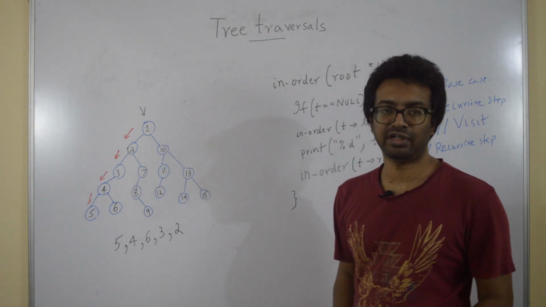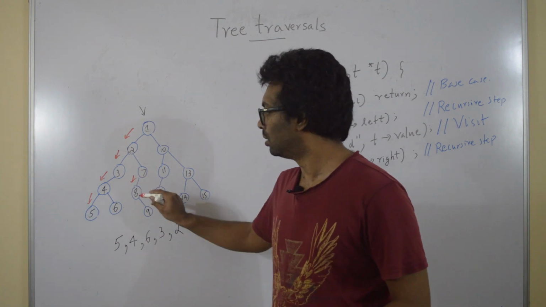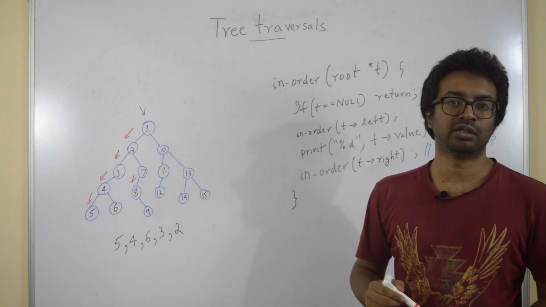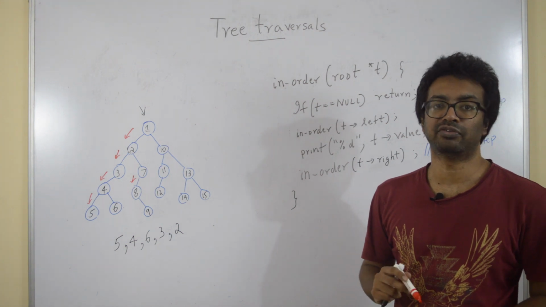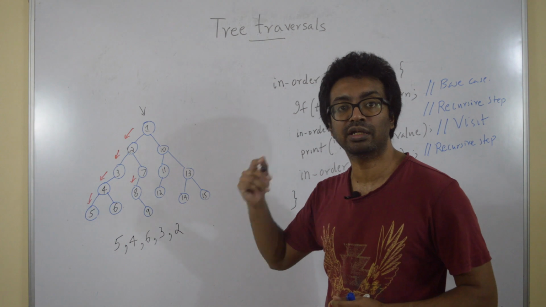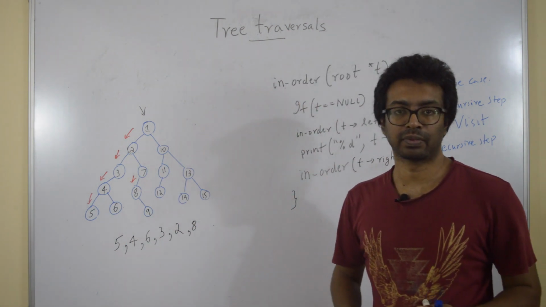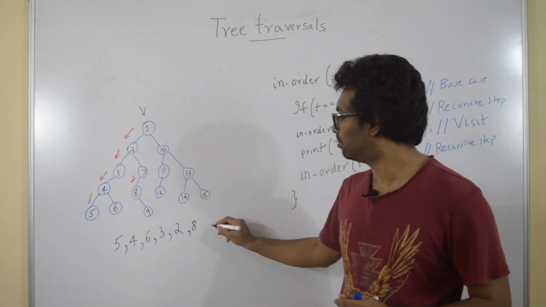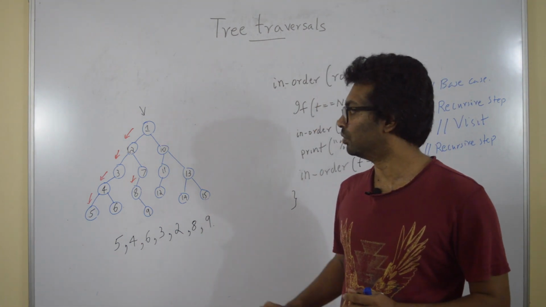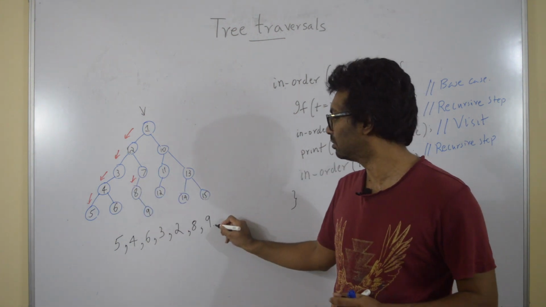So you come to 7, you go left. You come to 8, you go left, but there's nothing in the left, it's null. So you come back and before you turn right, you print 8. Then you turn right and print 9. You finished the entire left subtree of 7, so you print 7.